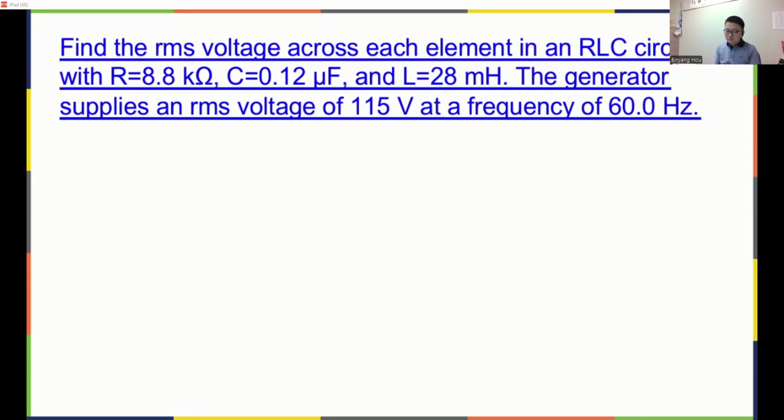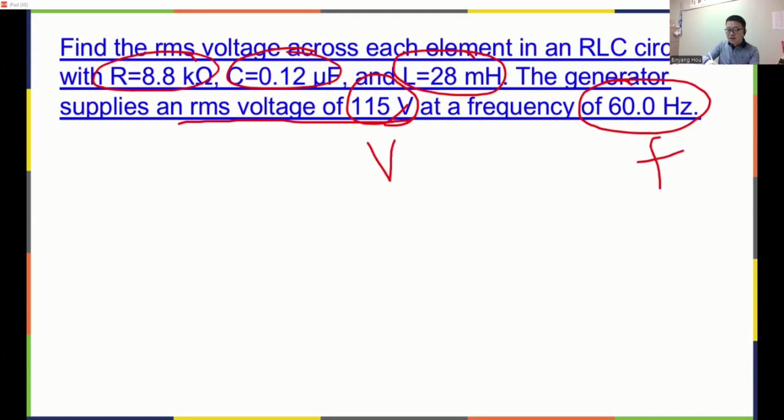The capacitance is 0.12 microfarad, and L is given in milli-henries. Okay, so this is L, this is C, this is R, and the RMS voltage given is 115 volts from the generator, which has a given frequency. So this is the frequency, this is the VRMS.